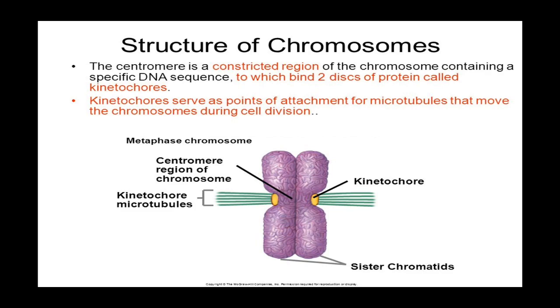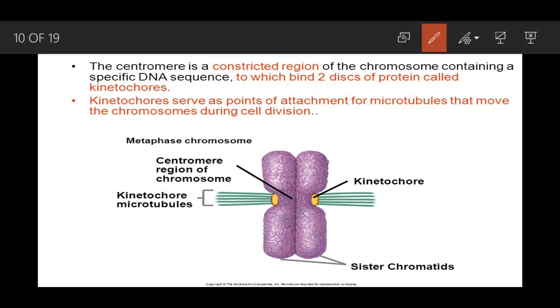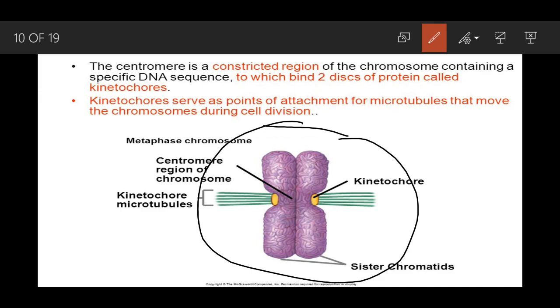Let's identify the difference between centromere and kinetochore. When we say kinetochore, these are made up of microtubules or proteins at the middle of your chromosome. So this is your chromosome, this whole part. Now your kinetochore are the fibers here. As you can see, there's something like whiskers.